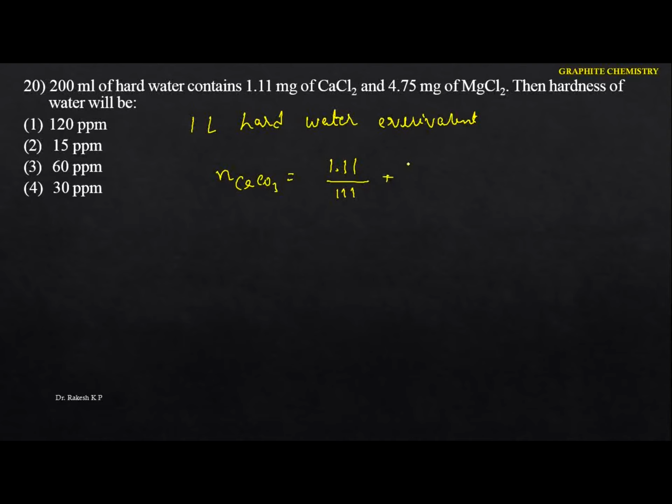Similarly for magnesium chloride, 4.75 divided by 95. The entire thing I multiply by 5, because the 200 ml has to be converted to 1 liter, which gives 0.3 millimoles. Now we have to calculate the mass. So 0.3 multiplied with the molar mass of calcium carbonate gives 30 mg.